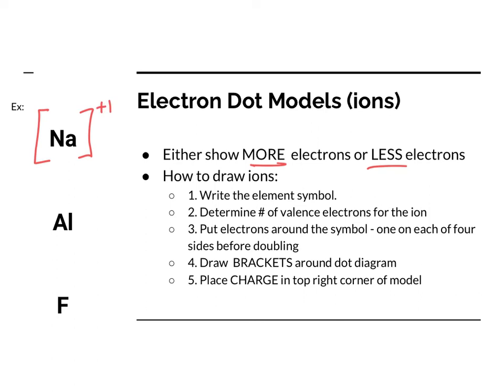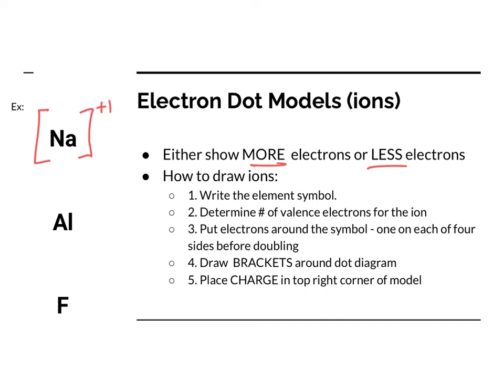So keep in mind when I say that it's not going to have any electrons in the outermost energy level, it basically is going to shrink down and act as if that second energy level is its valence electron shell. So sodium, if you remember the Bohr model from the last slide, is still going to have an outermost shell that is full because it's basically going from the 3rd energy level to the 2nd energy level.